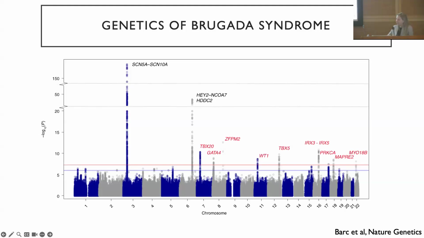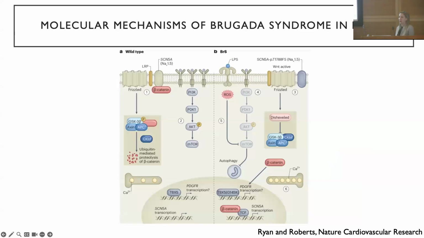So then you might think, well, we'll just model all of Brugada in iPS-derived cardiomyocytes, and we'll figure out all about Brugada, and we won't have to do any other experiments. And this is a figure from that same review showing all the mechanisms of Brugada that have been shown in iPS-derived cardiomyocytes. And you might look at this and say, well, there's just as much on this slide as there was on the long QT, and so we must have learned a lot about it.